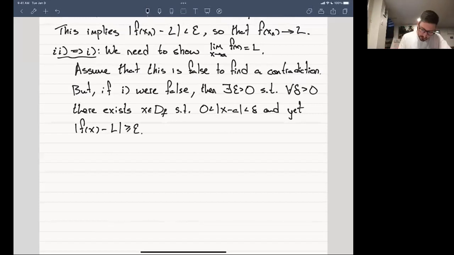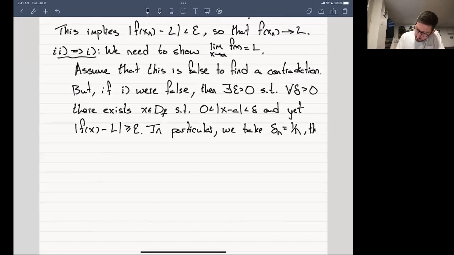So how am I going to do this? In particular, we're going to take a sequence of deltas. So delta sub n is equal to 1 over n. Now this says that epsilon is fixed, and for every delta bigger than 0, and each one of these is bigger than 0, that's fine, I can always find an x.